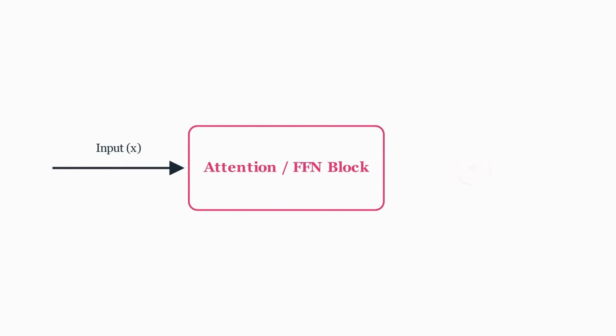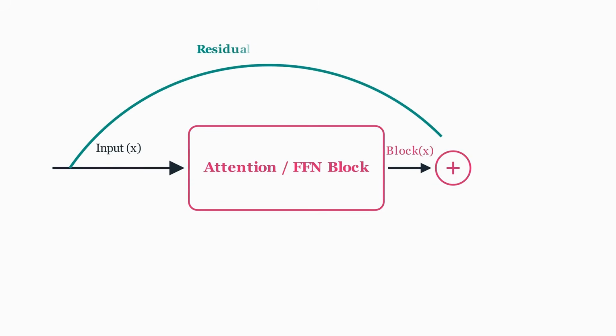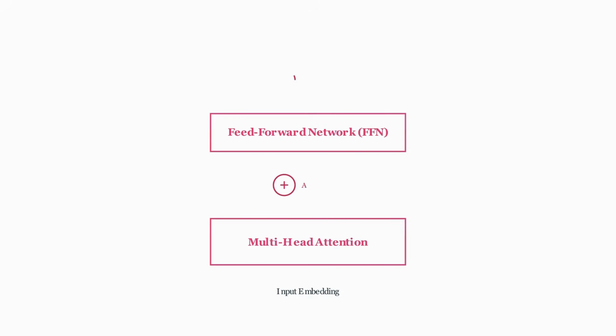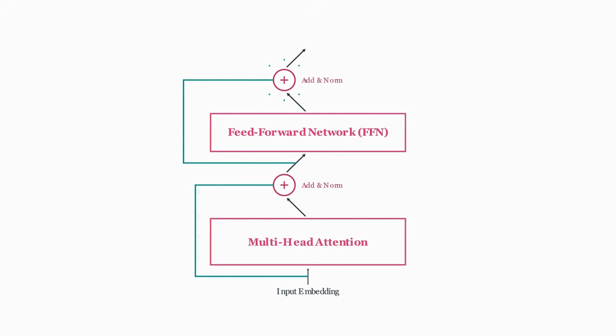To keep the original information from getting lost in all this math, we also use what we call residual connections. We essentially add the original input back into the processed output. These, combined with normalization layers, ensure the signal stays clear and stable as it moves through the system.